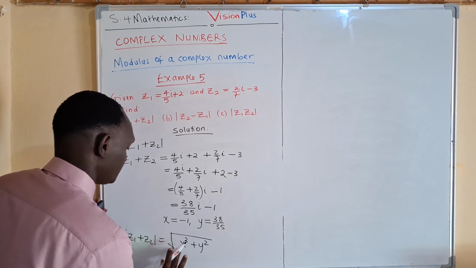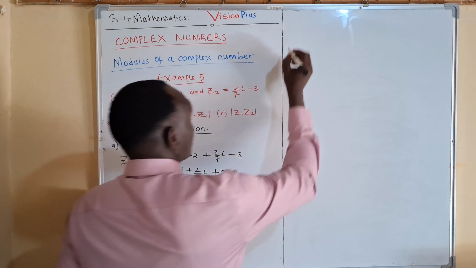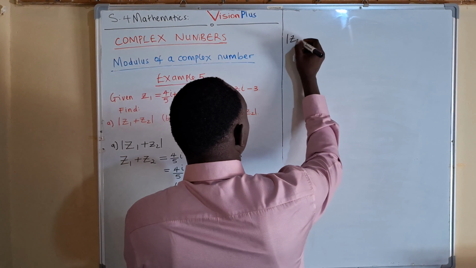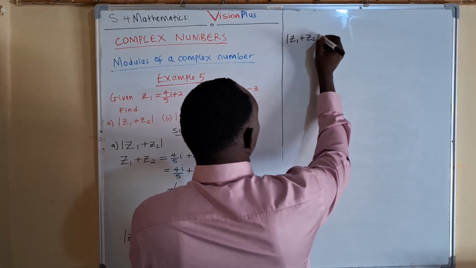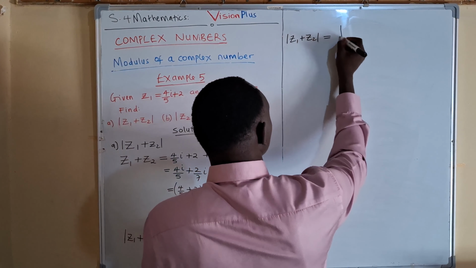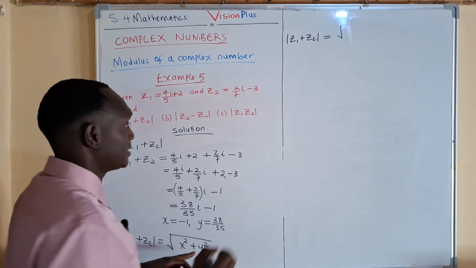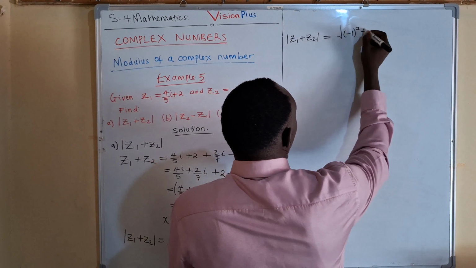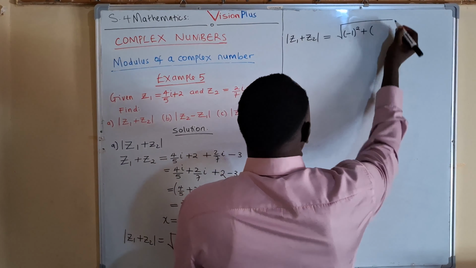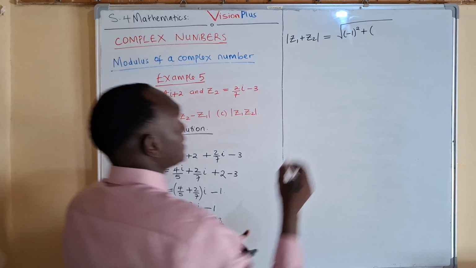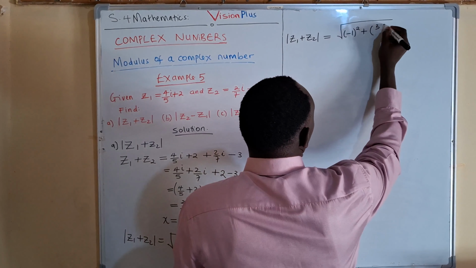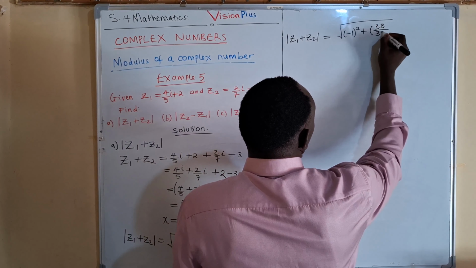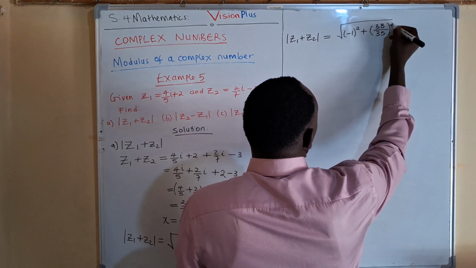Then you substitute for Z1 and Z2. This gives us the square root of, what is x? X is negative 1, but we are squaring it, plus y. What is y? Y is 38 over 35, squared.